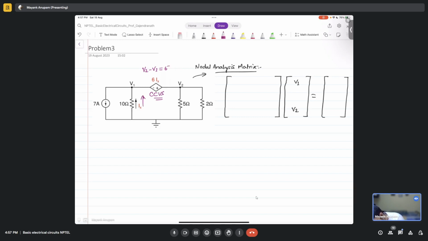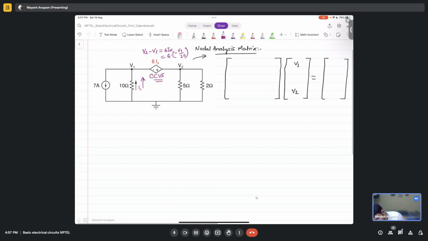So Ix will be minus V1 over 10, right? So V2 minus V3 is equal to 6 times Ix, which is the same as V2 minus V3 equal to minus 6 V1 by 10.